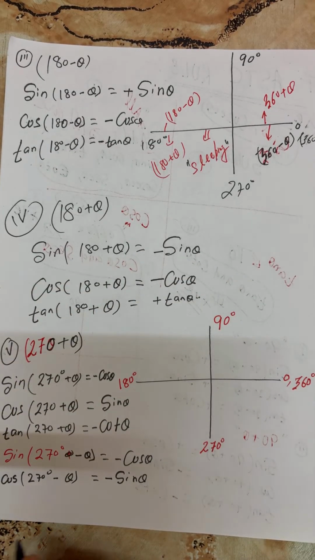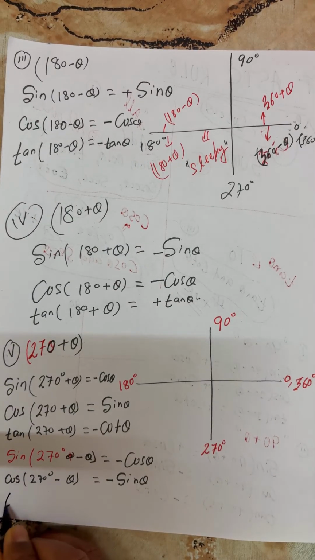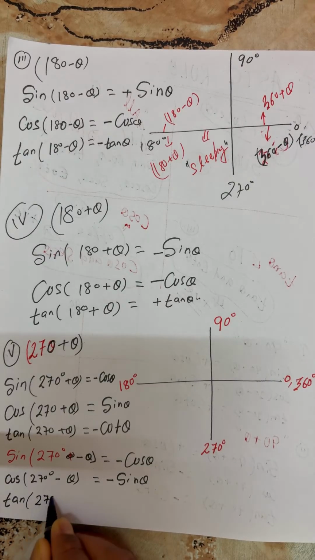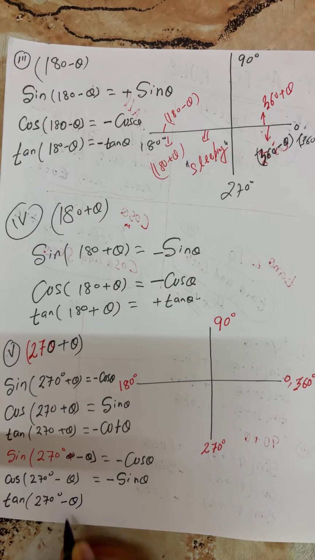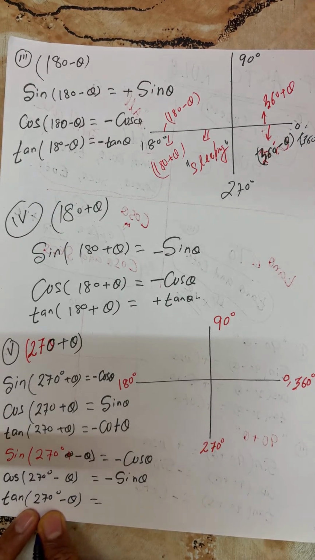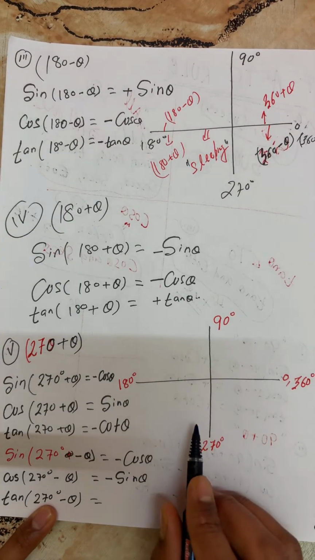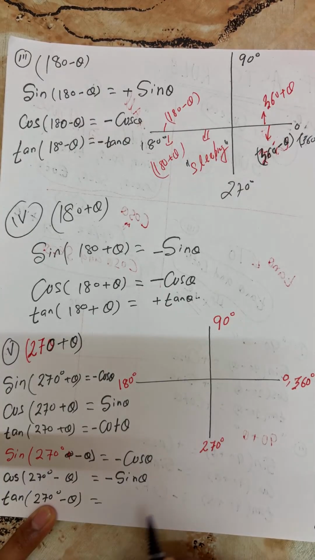The last one here for 270: tan of 270 minus theta. So what is tan of 270 minus theta? Again, you are in the third quadrant.